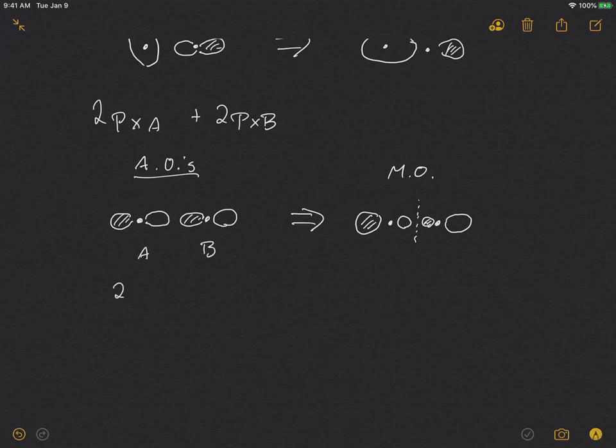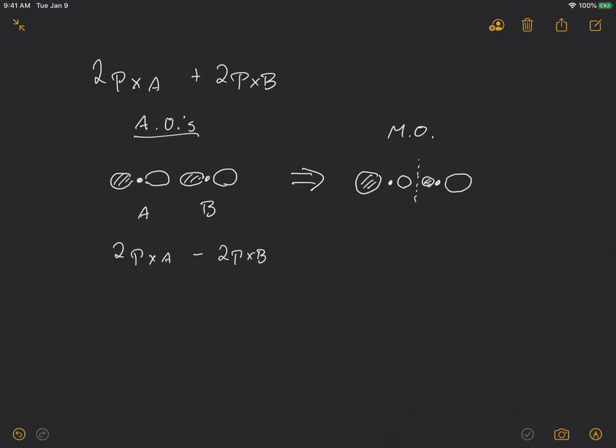Now, if we subtract the two, then we would flip the sign on one of the atomic orbitals. We'll pick the one on the right.